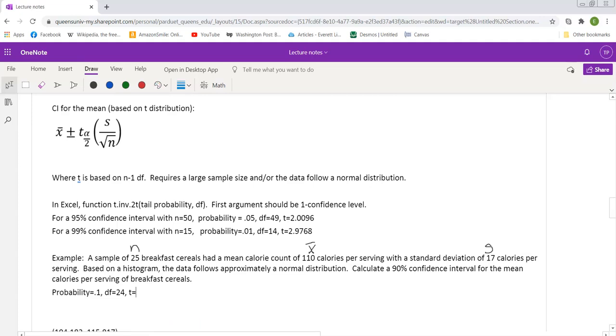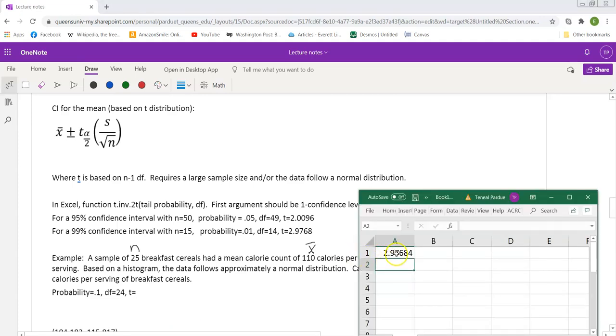Therefore, based on 0.10 and 24, and again, this function we're using is t.inv.2t, it's 1.7109.